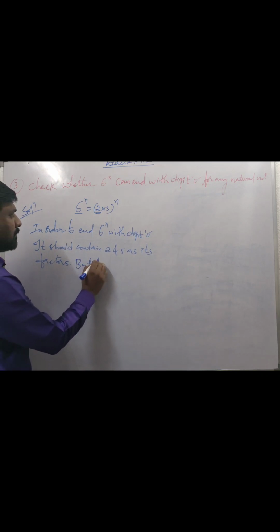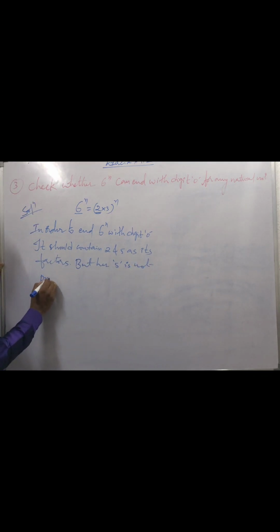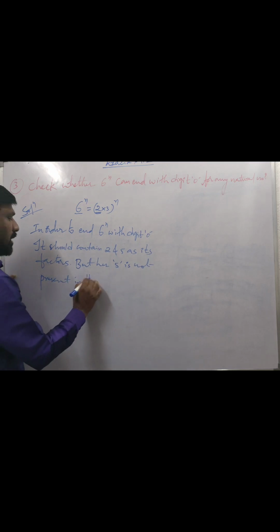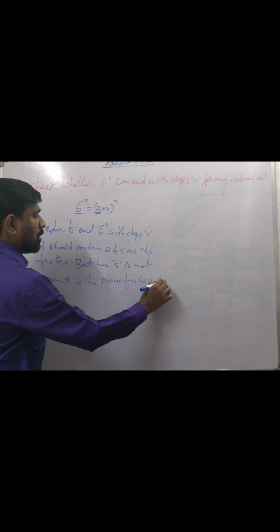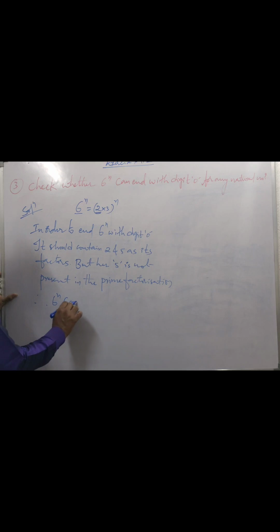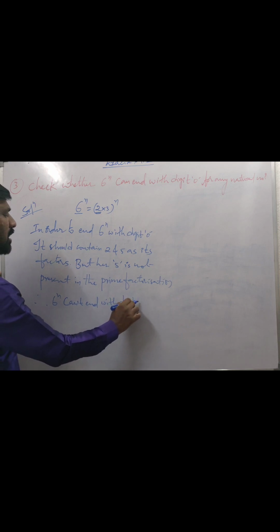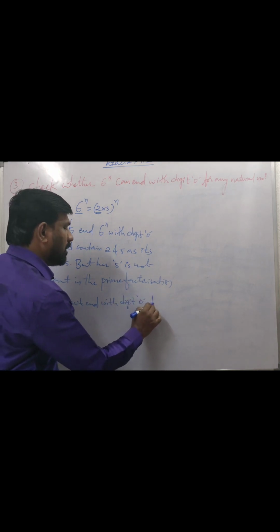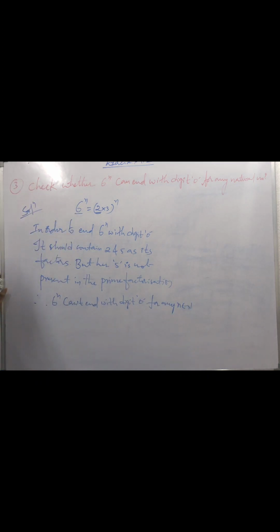But here 5 is not present in the prime factorization. So therefore 6 power n cannot end with the digit 0 for any natural number, for any n belongs to N. Clear? For any natural number n.